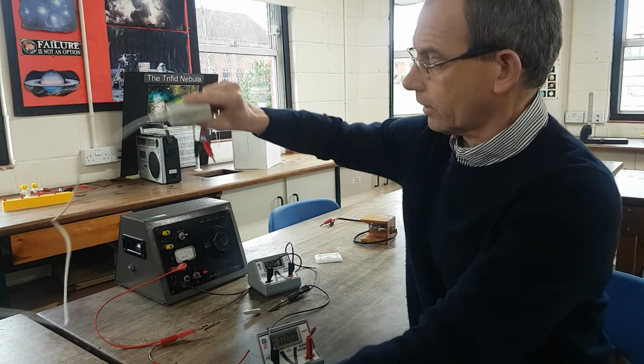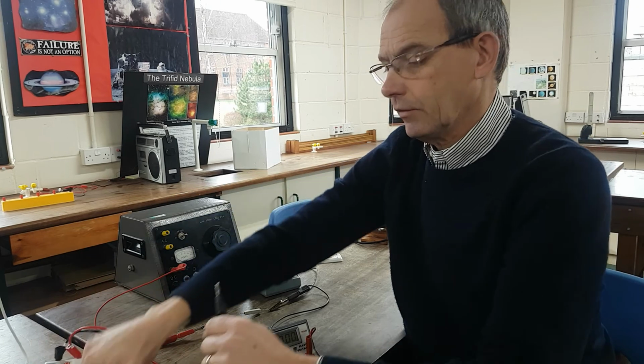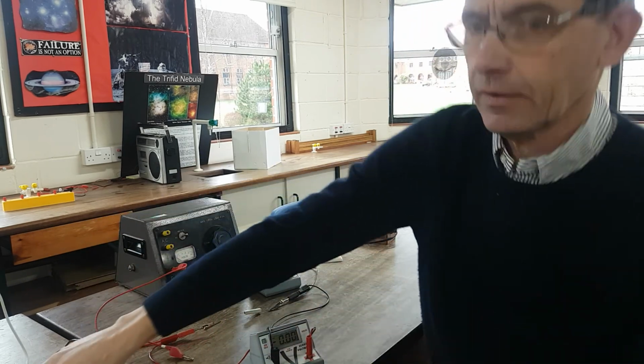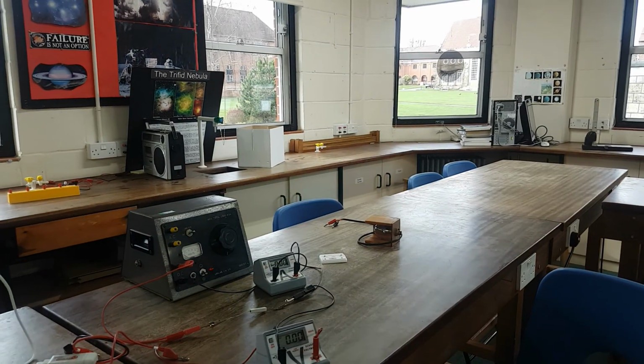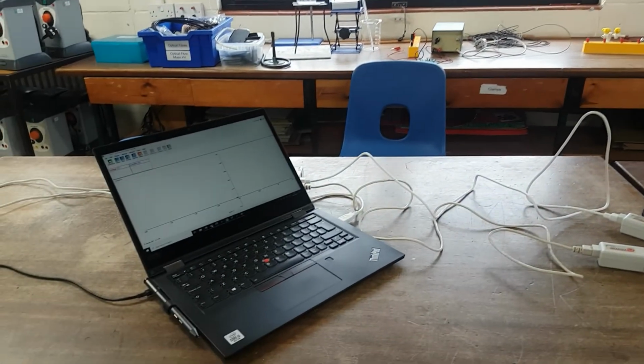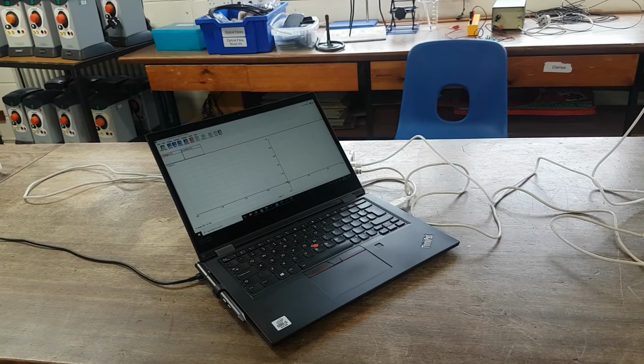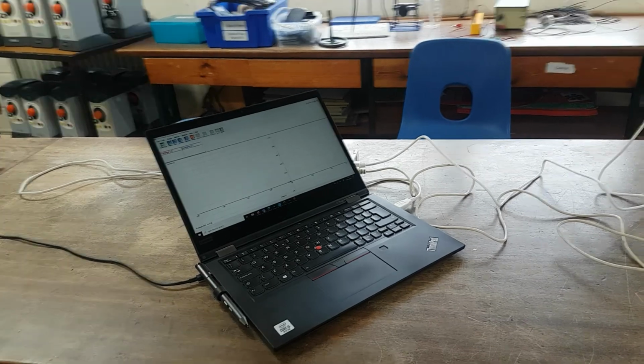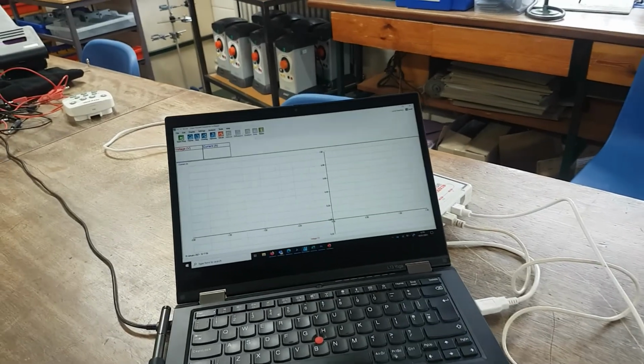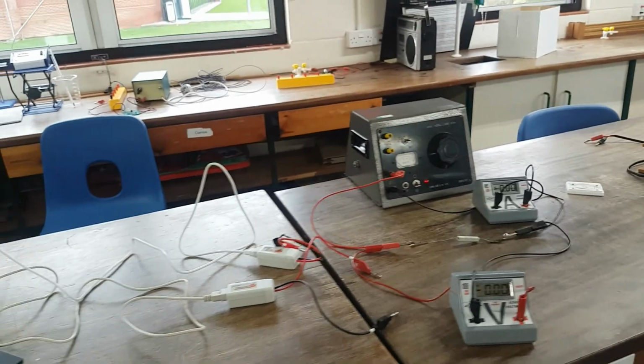Here's the current sensor, that will be our ammeter, this will be our voltmeter, and they're both connected, as you can see here, to the laptop computer. And so with the laptop computer we can record on the screen what we're going to see. So there's the setup. Let's get started, shall we?